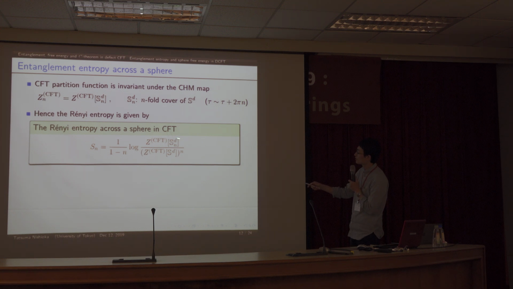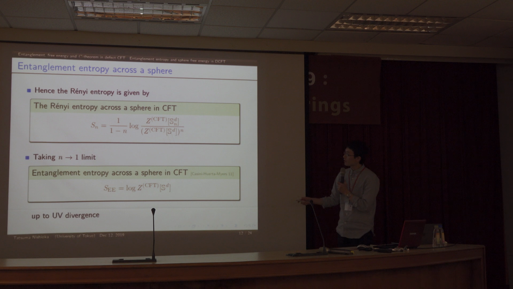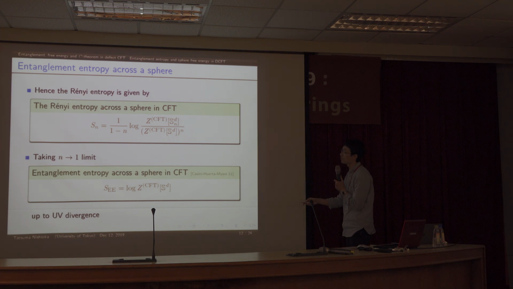But this sphere is now an n-fold cover. But you can show that when n goes to 1, the entanglement entropy equals the log of the sphere partition function. Okay, so this is a very beautiful result.